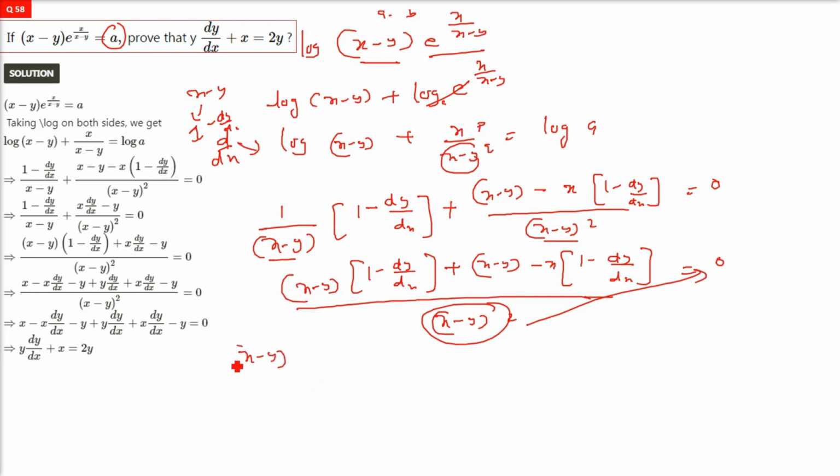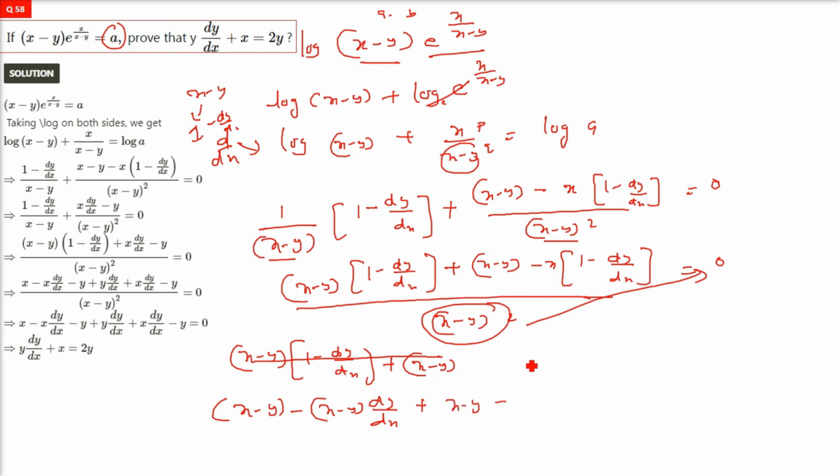So only this x minus y times 1 minus dy by dx, plus x minus y. Let us multiply, and then we will collect the terms of dy by dx together. So multiplying inside: x minus y into x minus y dy by dx, plus x minus y minus x, and this x dy by dx equals 0.